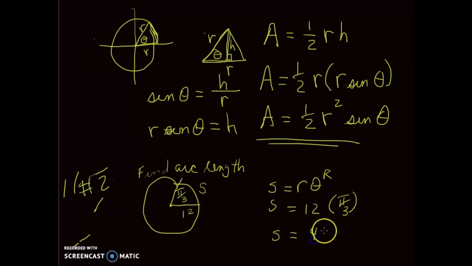This is 4 pi. The units are 4 pi, whatever that r was. They don't say in this problem, but if it was inches, then this is inches. Remember that this radian measure is unitless. It doesn't have to be inches. It can be really anything that's necessary. It's just the number of radii.